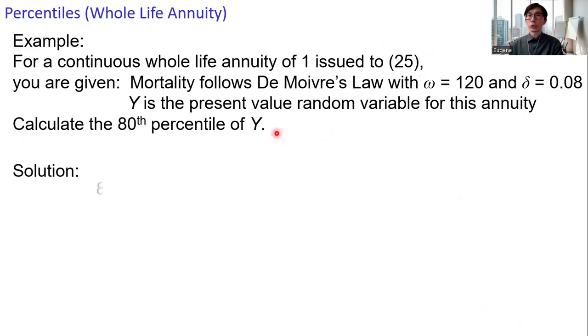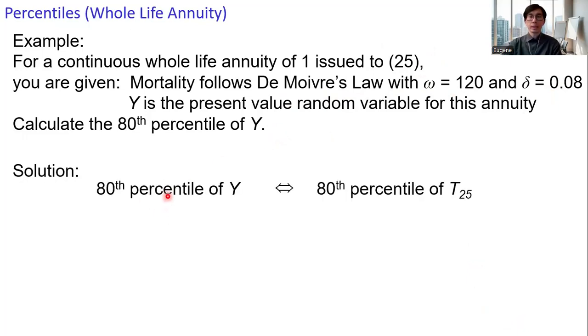Let's take a look at the solution. To get the 80th percentile of Y is equivalent to getting the 80th percentile of T25. The CDF of T25 equals 0.8, and we want to get the value for t.